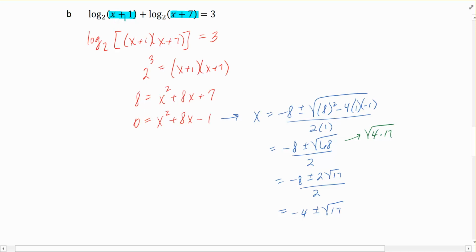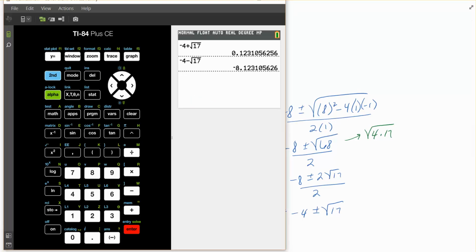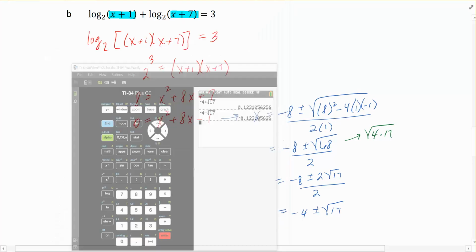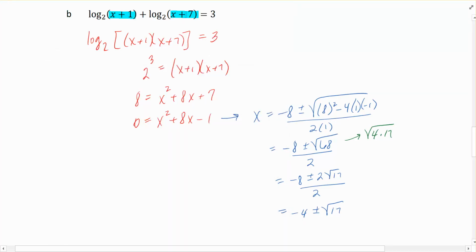So negative 8 plus 1 is going to give me a negative value, and negative 8 plus 7 is still going to give me a negative value. So that number doesn't work for us, but the other option that I had was just a positive 0.12. So positive plus a positive.